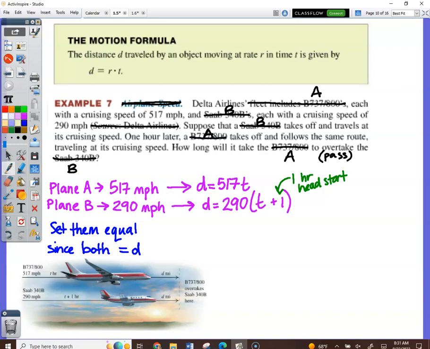Okay, so 517T equals 290(T plus 1). Solve that. You are going to distribute, and then you're going to have to subtract and divide.